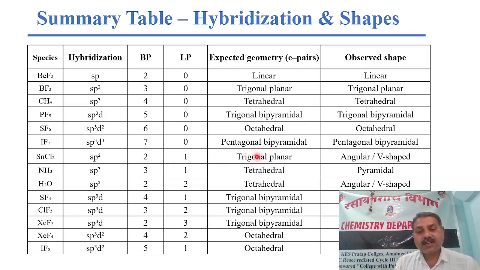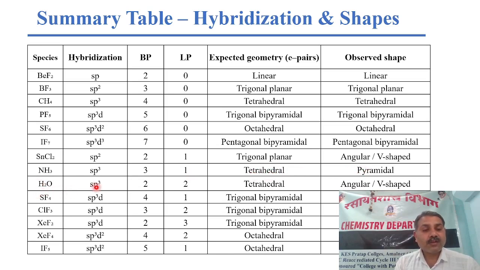So expected geometry is trigonal planar, but the actual geometry of this molecule is angular or V shape. In the case of ammonia, sp3 hybridization is involved with 3 bond pairs and 1 lone pair. The expected geometry is tetrahedral, but the actual shape is pyramidal.